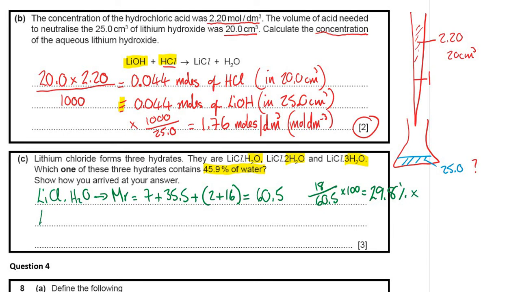So the next one, with 2 waters, we've already worked out the MR with 1 water, so we just do 60.5 plus another water, 18 plus 18. So we know that one's 78.5, the MR of that is 78.5, and so now we just do 18 divided by 78.5, times it by 100.